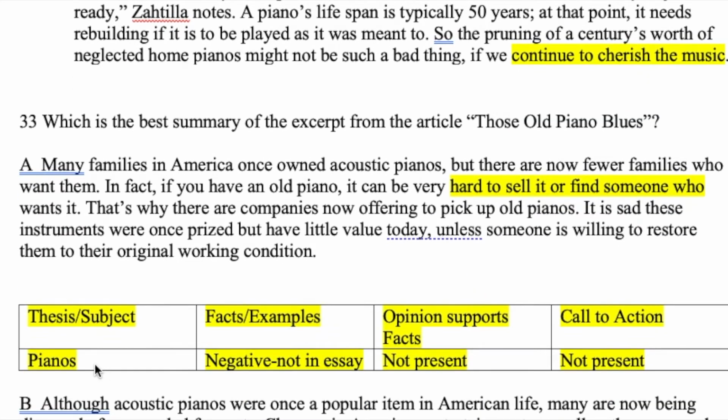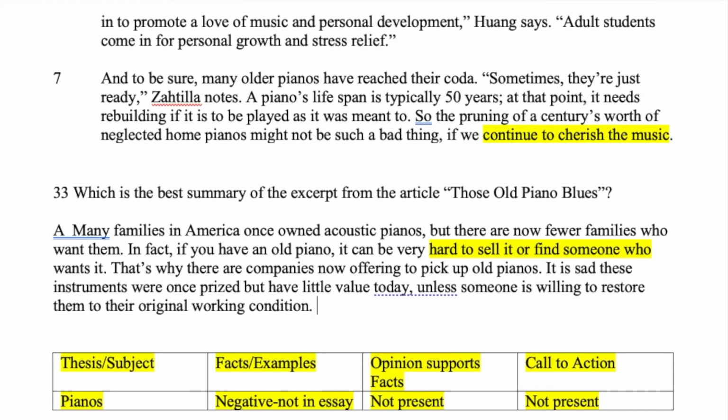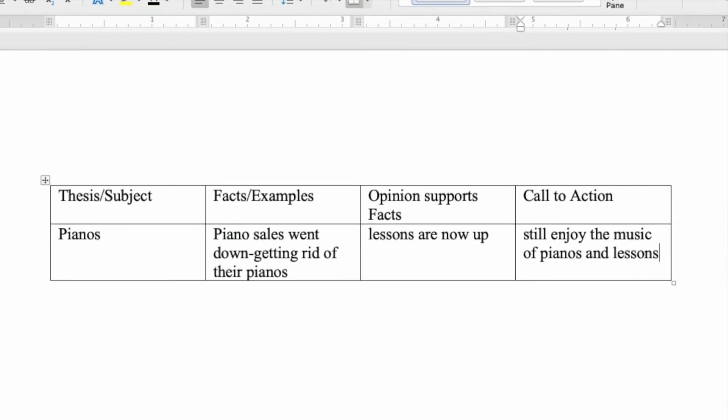It's hard to sell, yes, that's right. Companies are often right. So the examples are there. A little bit negative, so it's not in the essay. And they have little value today, and that's okay. So what's happening here is there's no opinion about it, and there's no call to action. So this cannot be the answer, because once you compare it to your table, it's missing a lot of information.